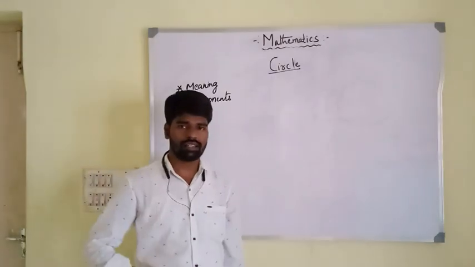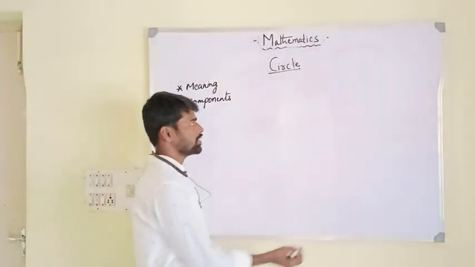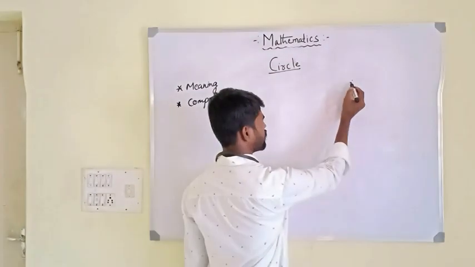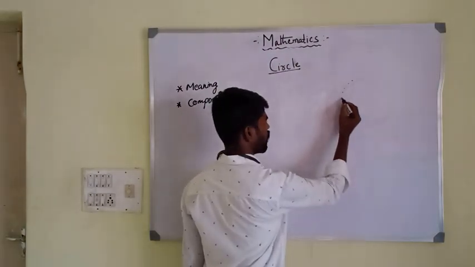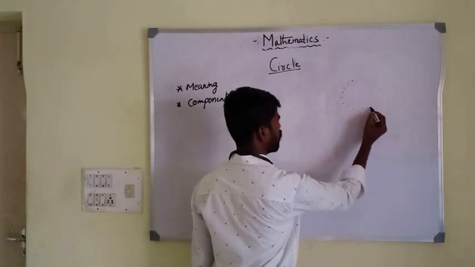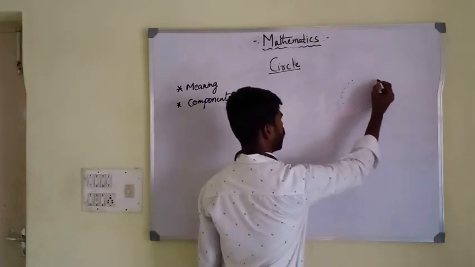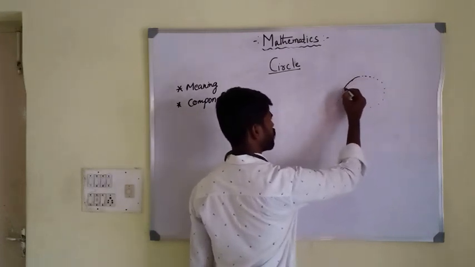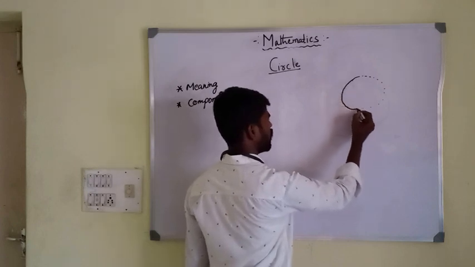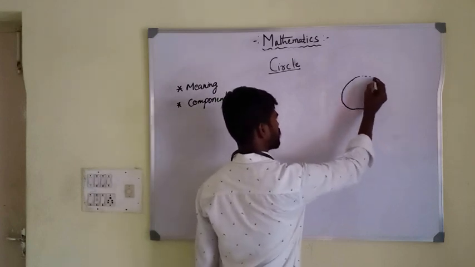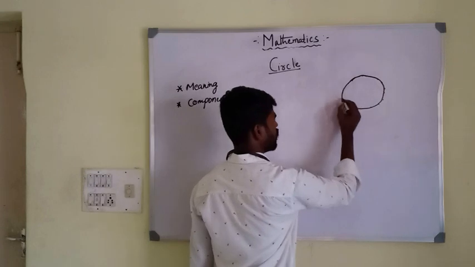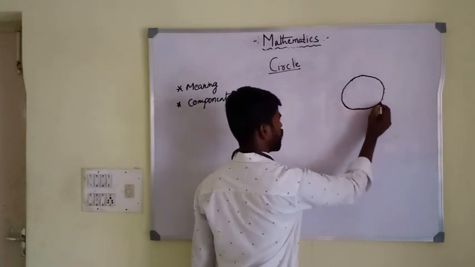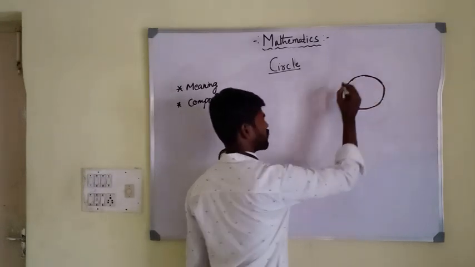What is meant by circle? So circle is nothing but a collection of all the points which are equidistant from a fixed point.